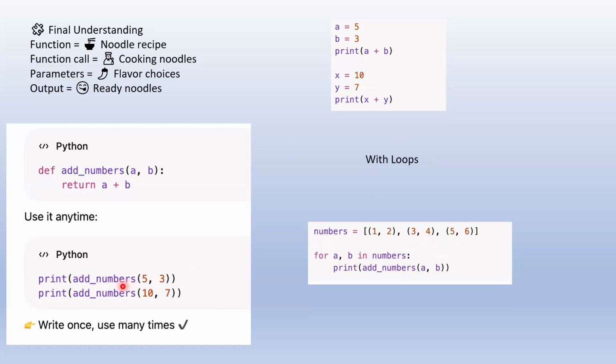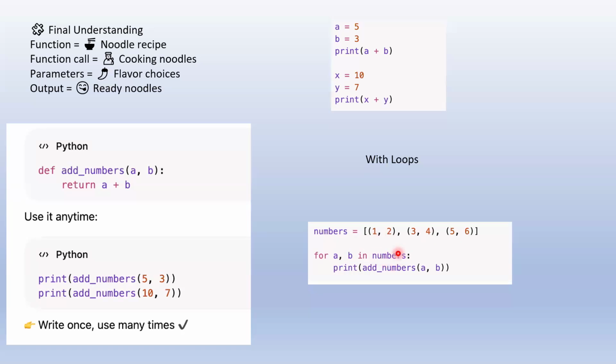Instead of calling one by one, like print, again, we are simplifying. How can we simplify? Numbers equal to a list of pairs: 1, 2, 3, 4, 5, 6. So here, for A, B in numbers, it will pick up what is happening here.